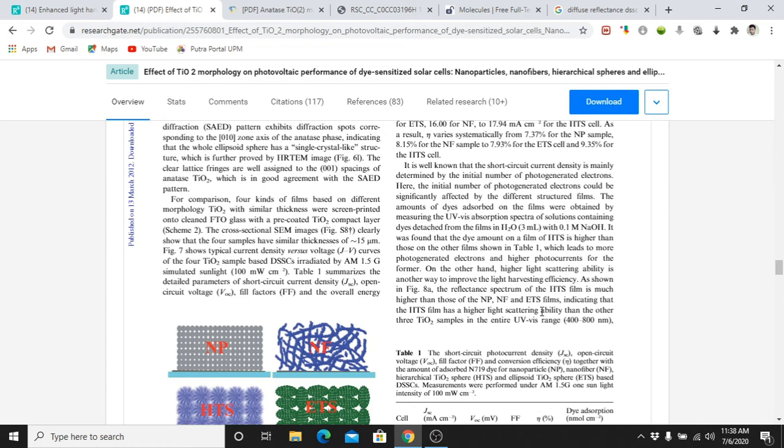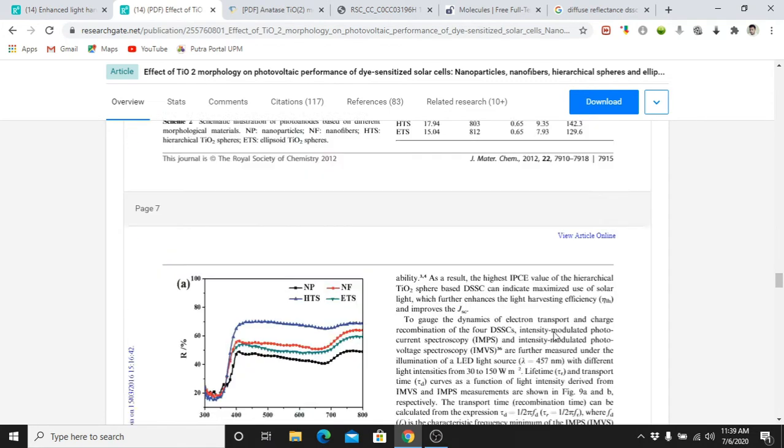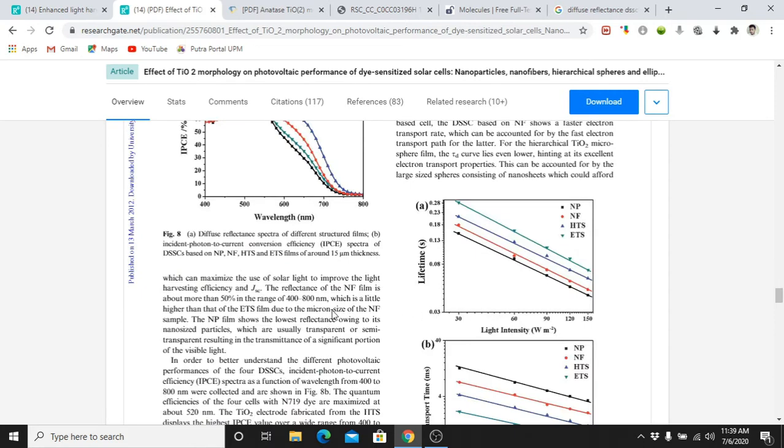So the first point they highlight is that higher diffuse reflectance means high scattering ability in the range of 400 to 800 nanometers. They said that high light scattering ability can maximize the use of solar light to improve the light harvesting efficiency and short circuit current.